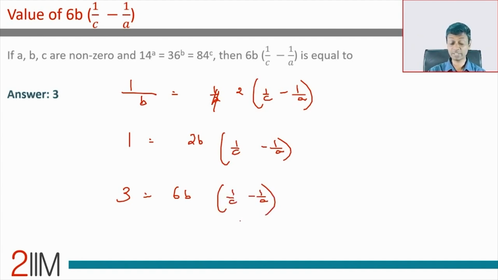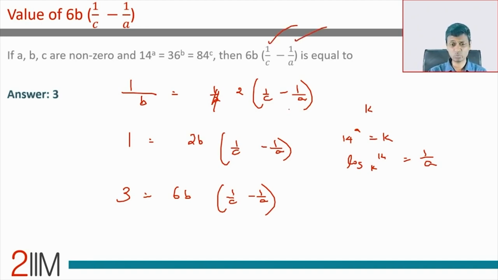Wonderful, beautiful. The key thing here, we plonk all 3 to be equal to k. And then you realize that if 14 power a is equal to k, that means log k to the base 14 is a, or log 14 to the base k is 1 by a. Why are we chasing 1 by a? Because this 1 by a is sitting here. We get 1 by a and 1 by c in terms of log expressions, and then do one minus the other.